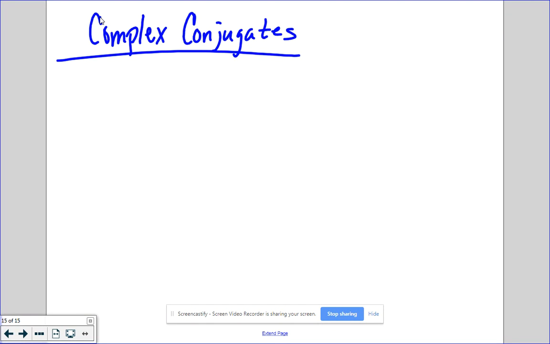So, if we're talking about a complex conjugate, if I have A plus Bi, its conjugate is A minus Bi. And when you FOIL conjugates, what do you have to do? You only have to do first and last.